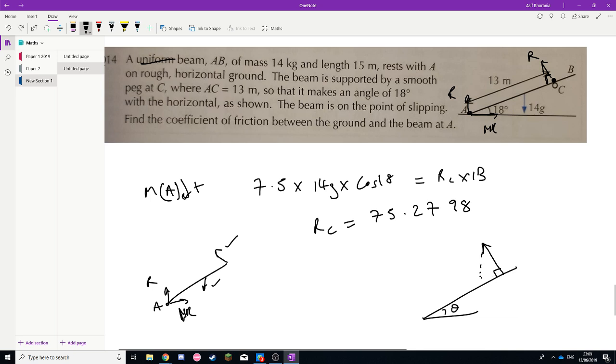What the hell, man? 90 minus theta. How do I resolve the triangle? Resolve forces?